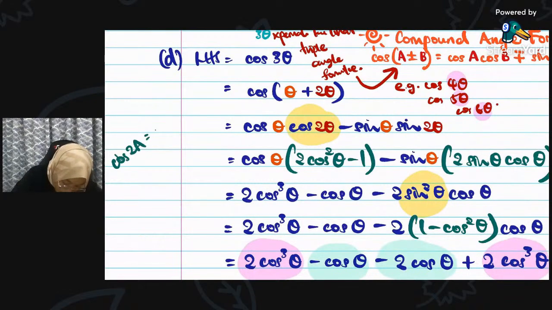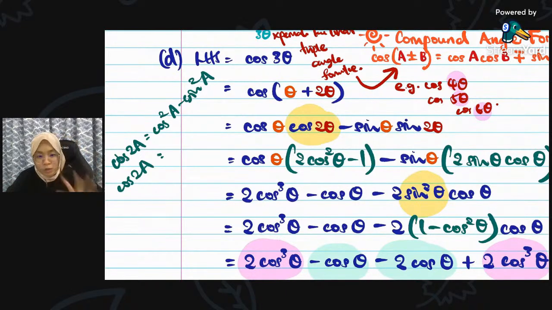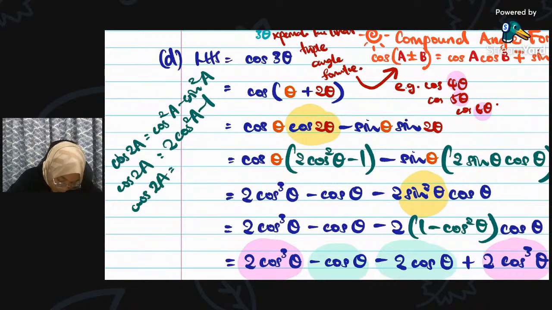So cos 2A adalah cos squared A minus sin squared A. 3 ni saya hafal, sebab saya rasa dia useful. Double angle memang sangat useful untuk hafal. Kalau yang ini pula 2 cos squared A minus 1. Kalau yang terakhir pula adalah 1 minus 2 sin squared A.